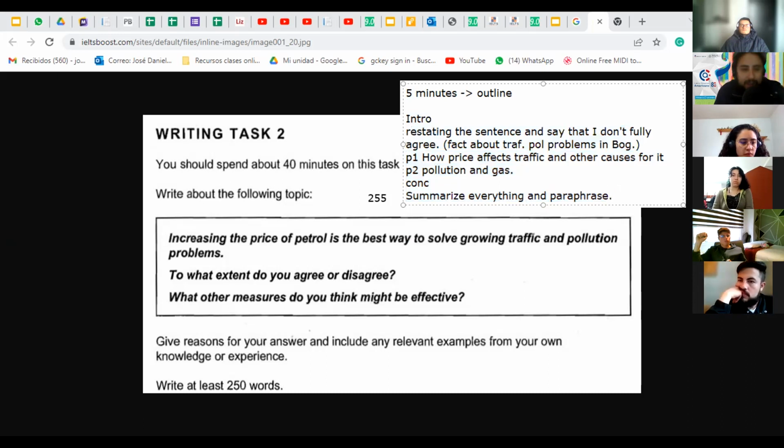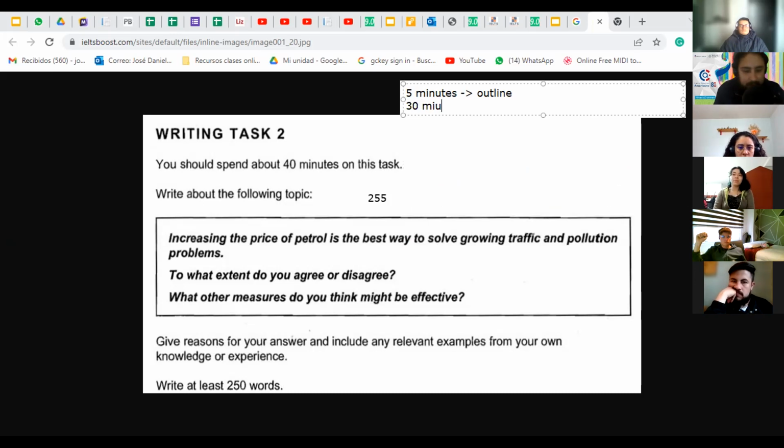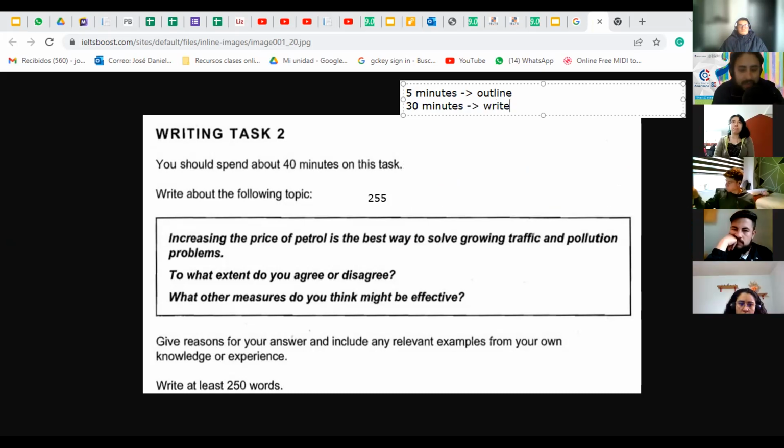Obviously, I took more because I was explaining everything, but I hope this gives you an idea of what the outline would be. Then you have 30 minutes to actually write. Right? And then you have 5 more minutes, which should be taken to reread and do small edits.